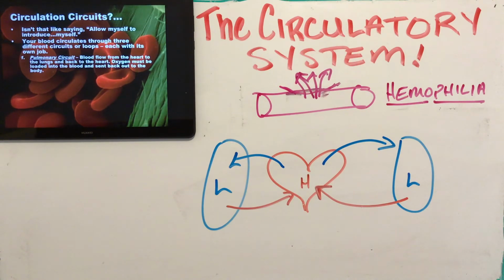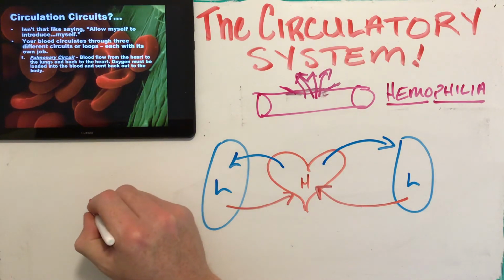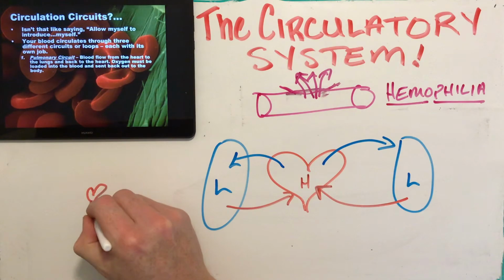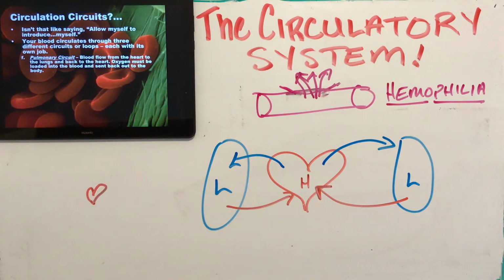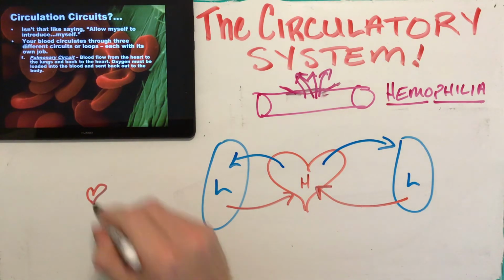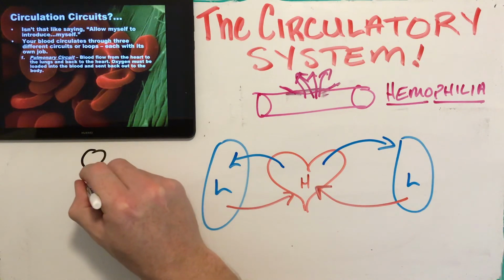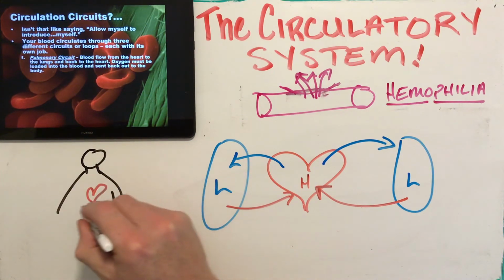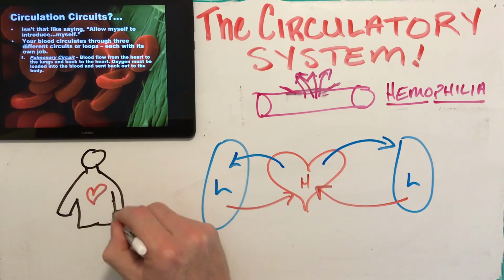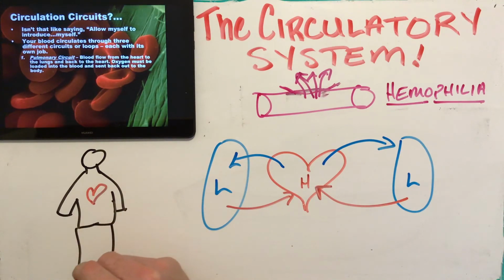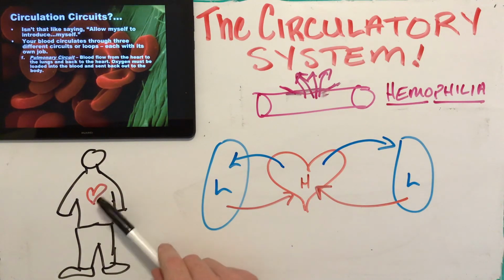Our second circuit, and I'll try to draw it nice and neat here. I'll probably make a mess of it, but you'll just have to live with that. Oh, this is going to be terrible. Our second circuit is between the heart and the rest of the body.